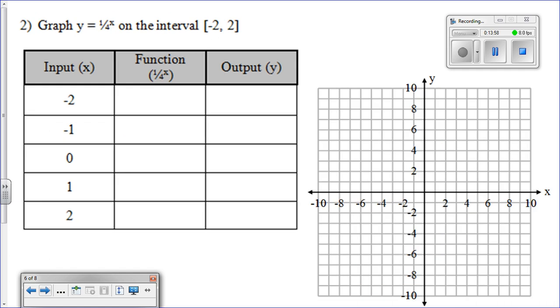All right, we have 1/4 here. That is less than 1, so this should be decay, meaning that something is wearing away here. So we have 1/4 to the negative second, which means flip and square it, so this should be 16.